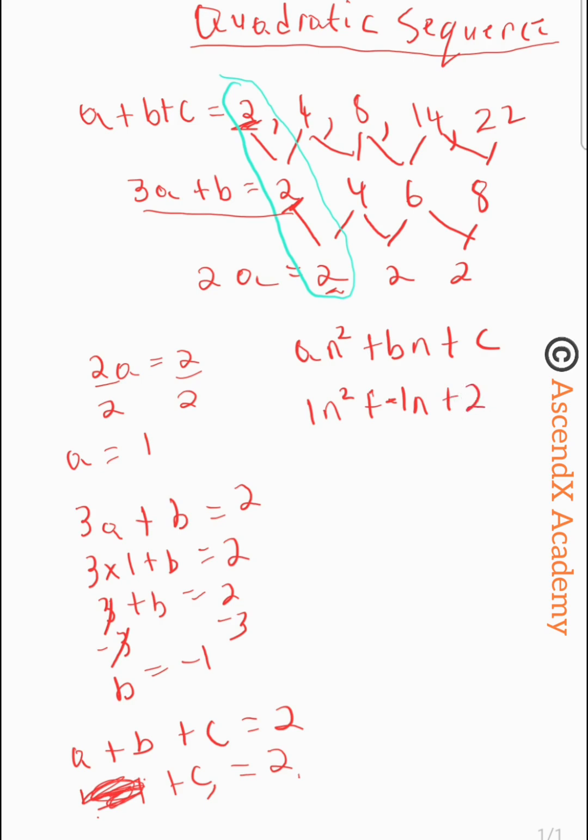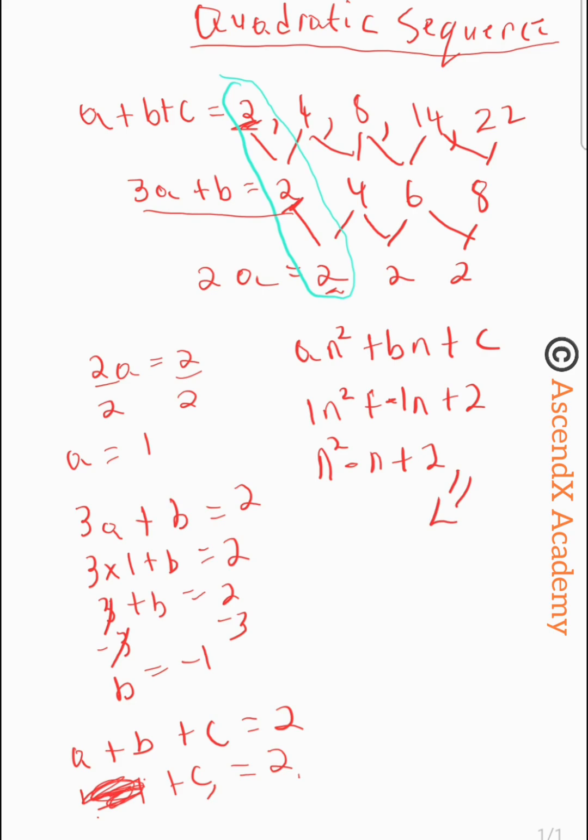Okay, now when we simplify this, we are simply going to have n squared minus n plus 2. Now this is our general formula or our nth term for the quadratic sequence.